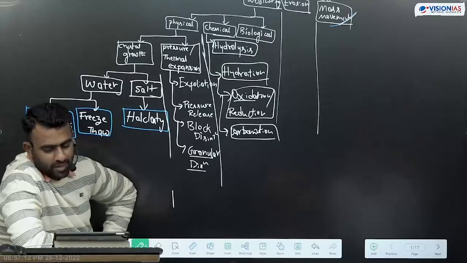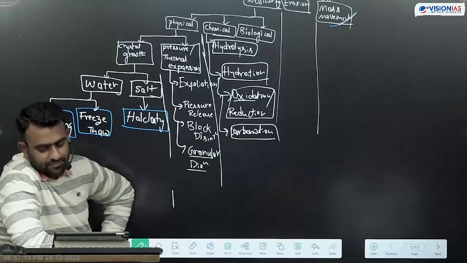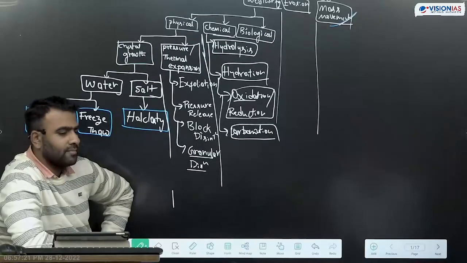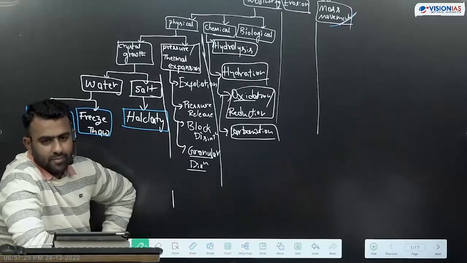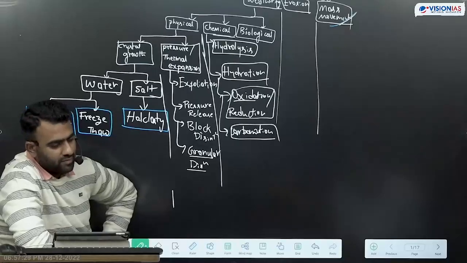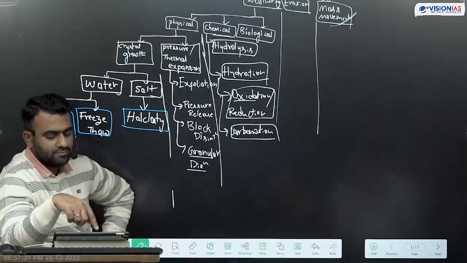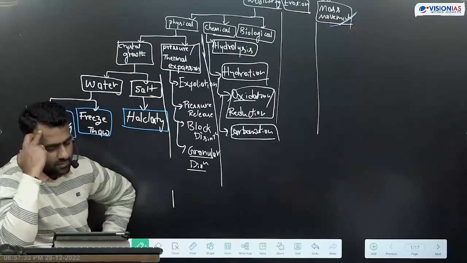Limestone and dolomites are altered by dissolving action of carbonic acid.